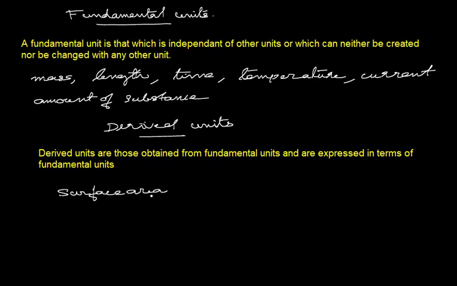We know that the surface area is equal to length into breadth. This is equal to the unit of length into breadth, which is also a length. So it is actually length, like this.